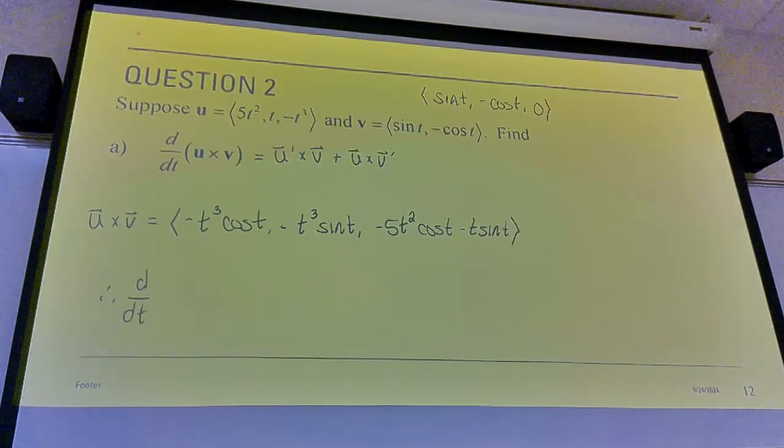That's the right cross product. So that's what we're differentiating. They require a bunch of product rules, so this would be a good test.